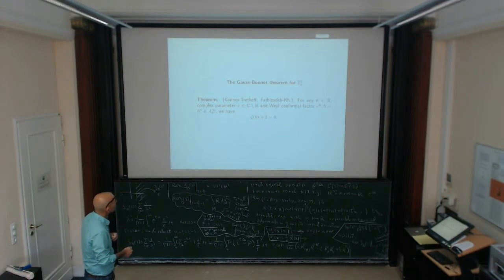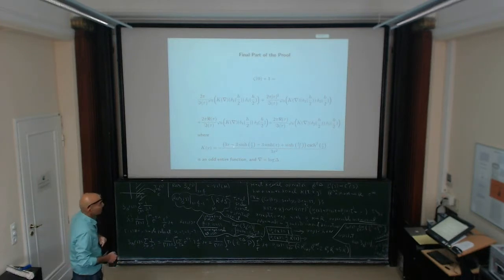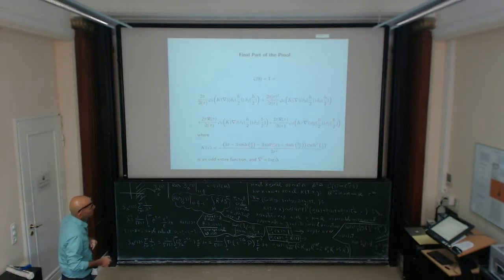So that's now the final proof in our case. Instead of 2 terms, you had 4 terms. Now this function k is explicitly computed. It is a very explicit function, with hyperbolic sine functions like this, and this nabla is the log of the modular operator.